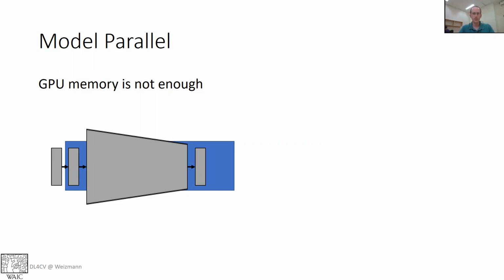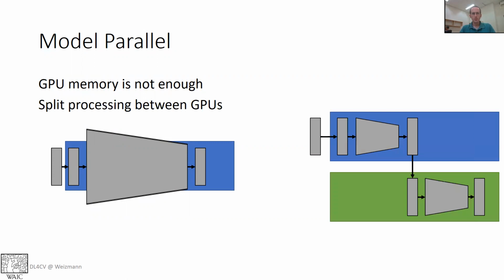But sometimes if you train very large transformers, very large graphs, you can even run out of memory for these GPUs. So we want to split the processing between different GPUs, as we said before.